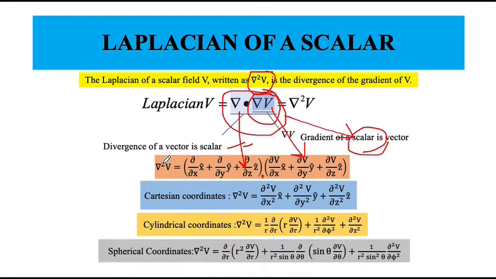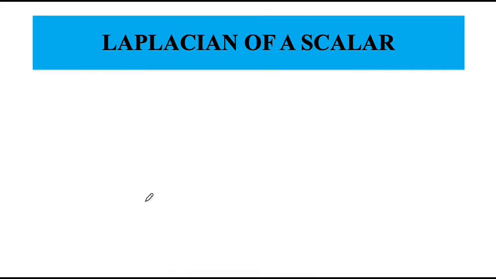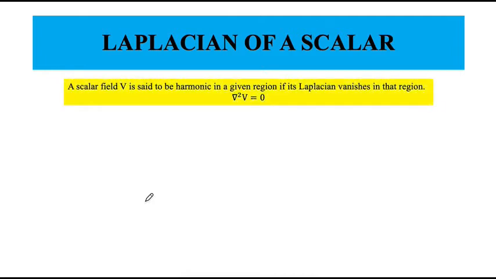Okay, so the Laplacian of a scalar field is a scalar itself, and these are the expressions in the cylindrical coordinate system as well as the spherical coordinate system. Okay, now we will see that a scalar field V is said to be harmonic in a given region if its Laplacian vanishes. That is the reason.